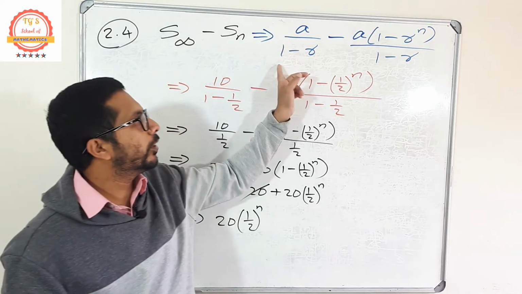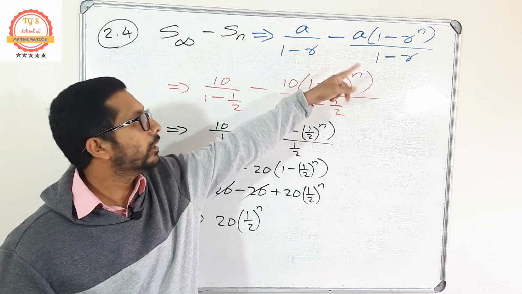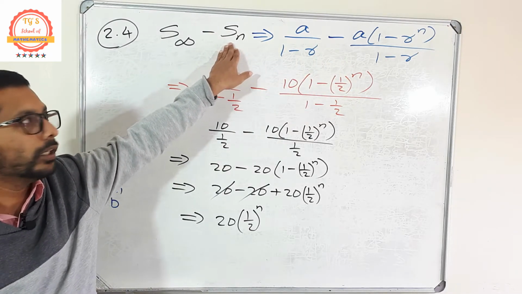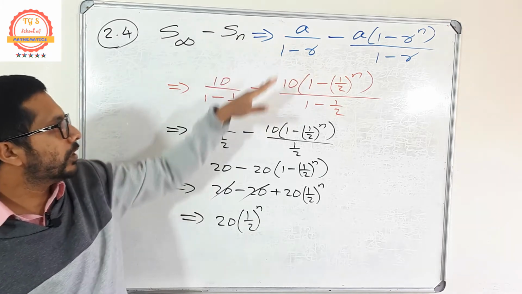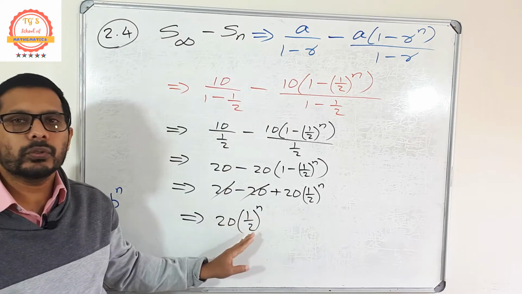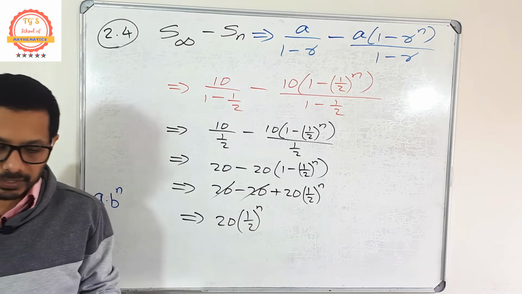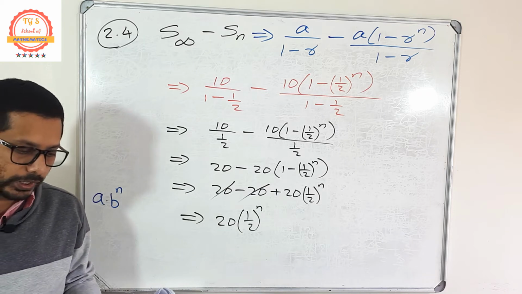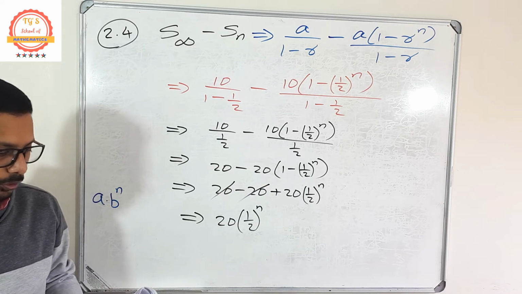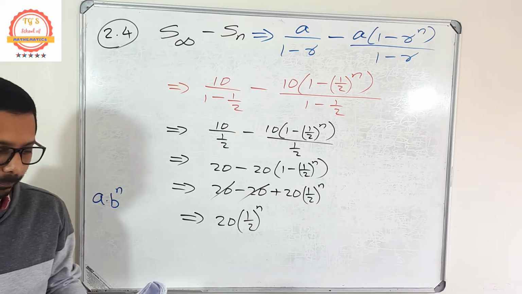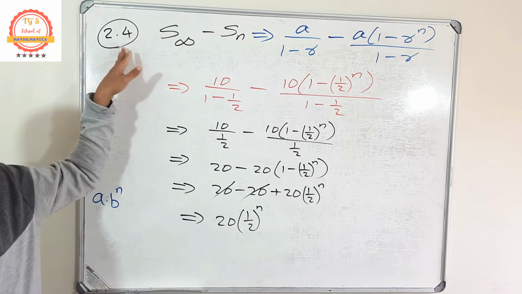That is a divided by 1 minus r. Then minus the formula to find the sum of the first n terms. We substitute the values and simplify, and we got 20 into half raised to n, and that's the answer. Now let's go to the next question. Question number 2.5. Oh, sorry, there is no 2.5. This is the last question of question number 2.